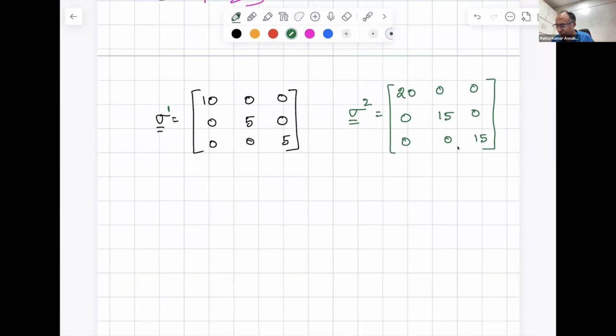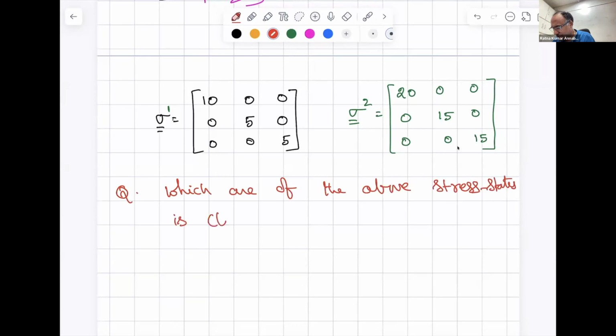The question is the following. Which one of the above stress states is close to yielding?